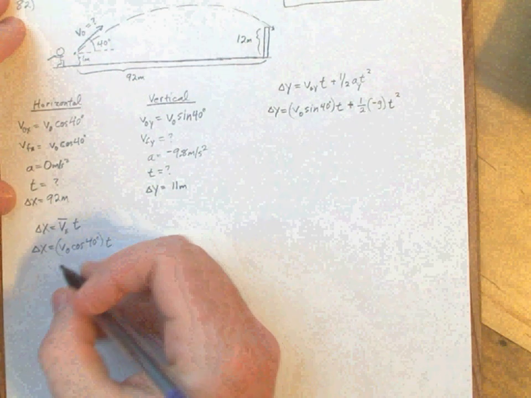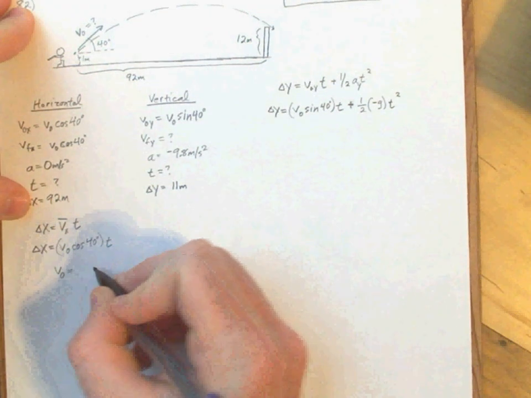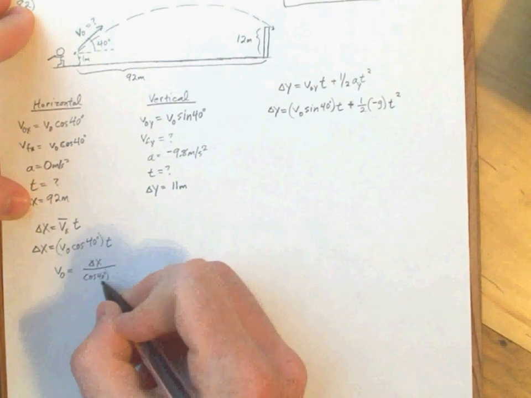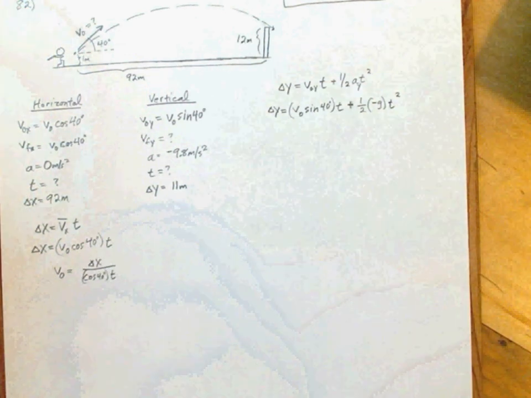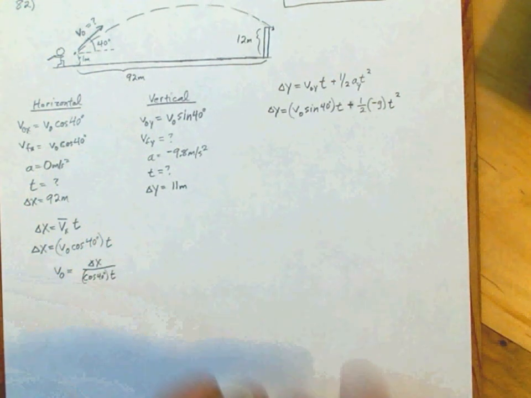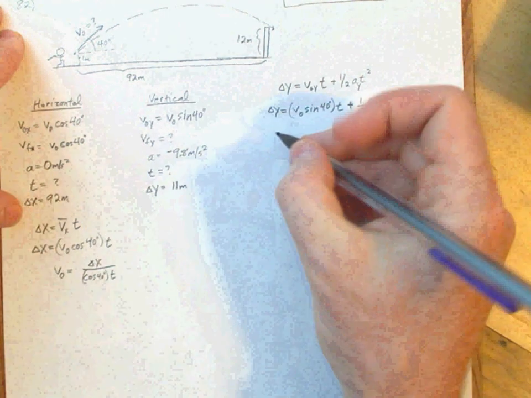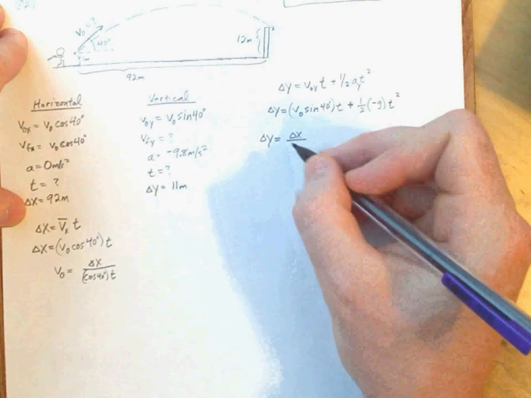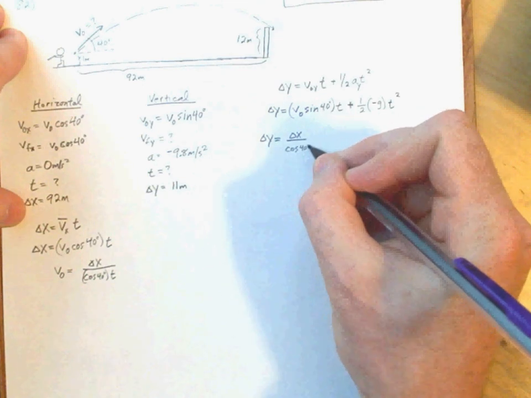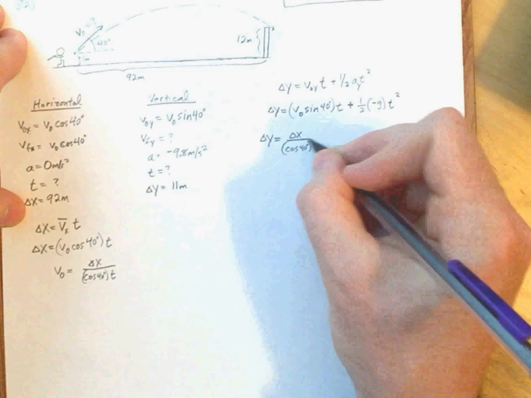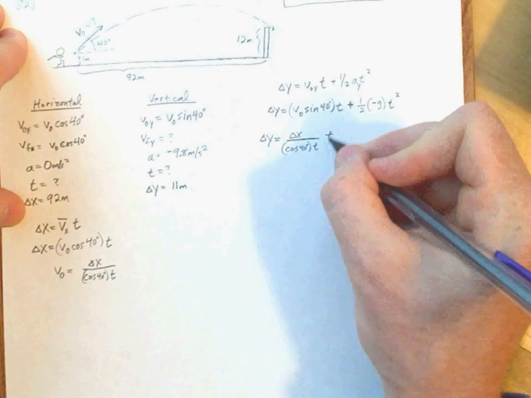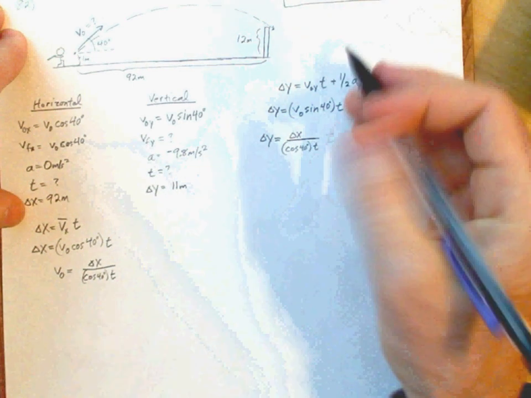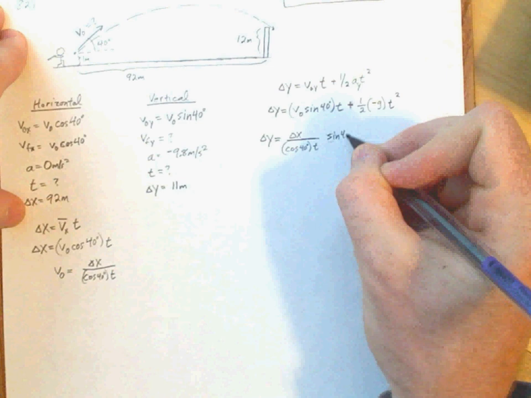Okay, so I get that v0 is delta x over cosine of 40 degrees times time. I'm going to take that result and plug it in right there for v0. So delta y is equal to, instead of v0, I now have delta x over cosine of 40 degrees times t, times another t, times the sine of 40 degrees times t.